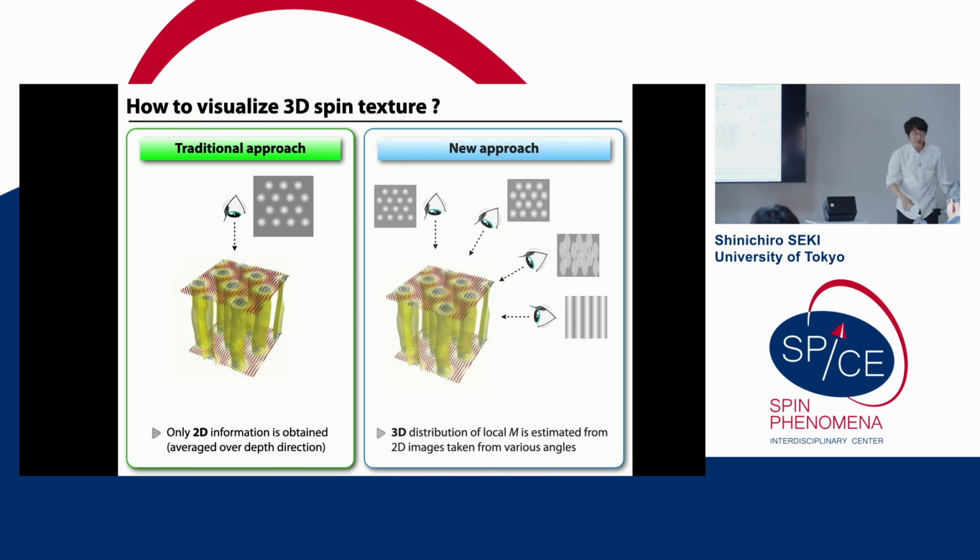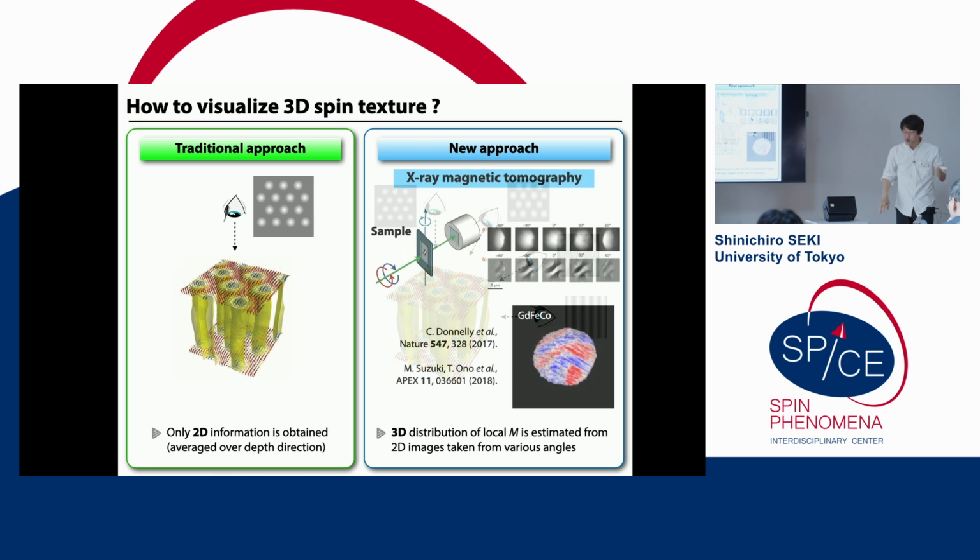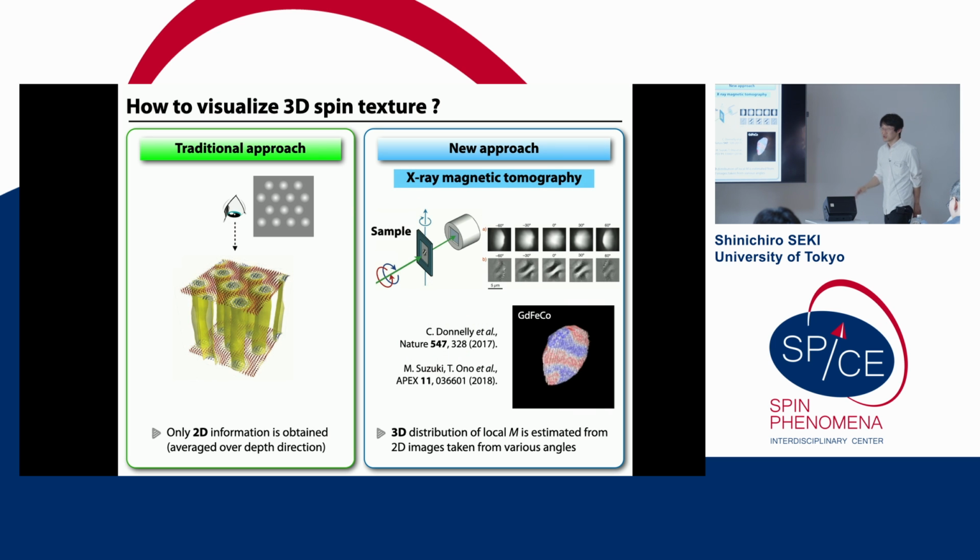To overcome this problem, one naive solution is, for example, observing the target object from various different angles, and then we should be able to obtain the three-dimensional information. One promising experimental approach to realize such a concept is the so-called X-ray magnetic tomography technique.